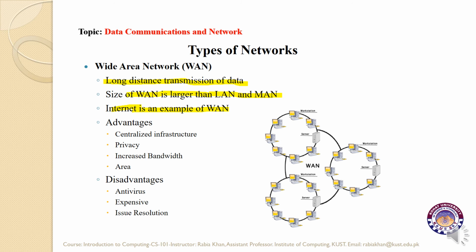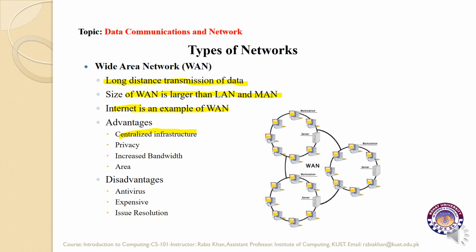It brings different benefits along. For example, it has a centralized infrastructure. Centralized infrastructure is one of the main advantages of a wide area network, that we do not need to maintain backups and store data on a local system, as everything is stored online in some centralized location.